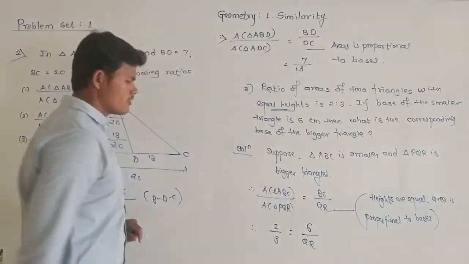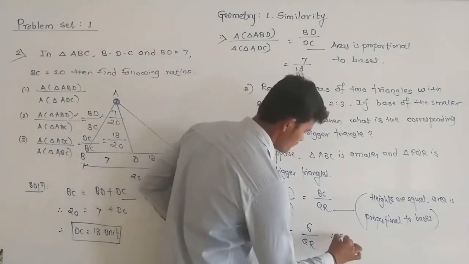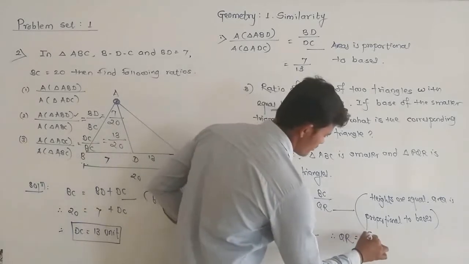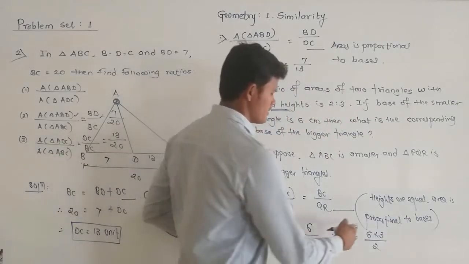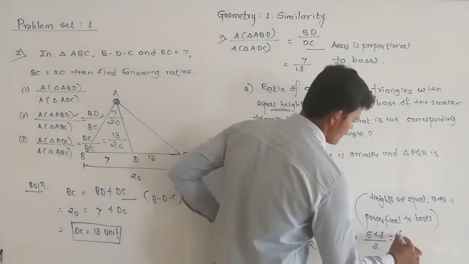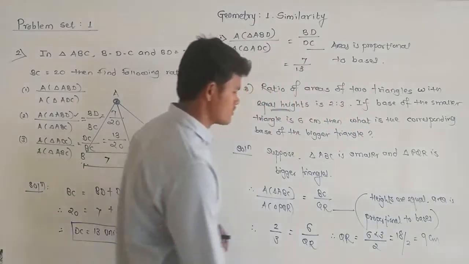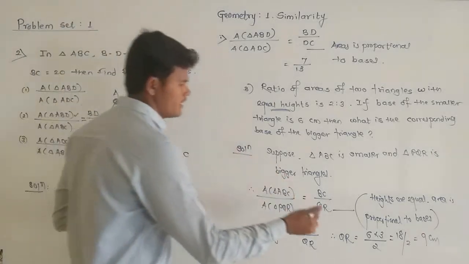So both the ratios are equal. So perform cross multiplication. So we get QR equals 6 into 3 divided by 2. So we get 6 times 3 is 18 divided by 2. That is nothing but 9 centimeters. So the base of the bigger triangle is 9 centimeters.